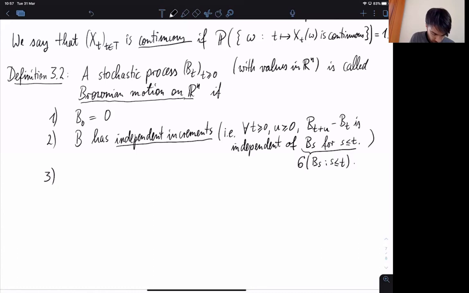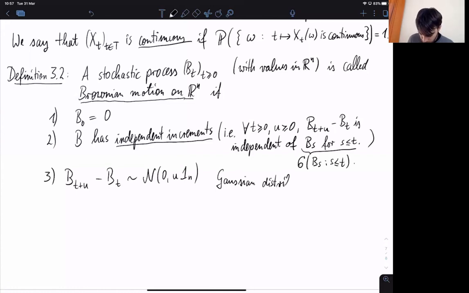Then the third and the fourth. Namely, I want the distributions to be Gaussian. So the increment, or the distribution of increments, is Gaussian, and that also means that the B_t themselves are Gaussian, a Gaussian distribution with mean 0 and variance u.